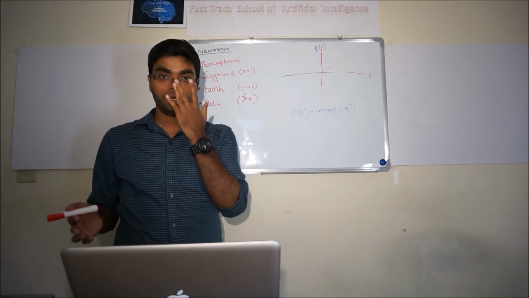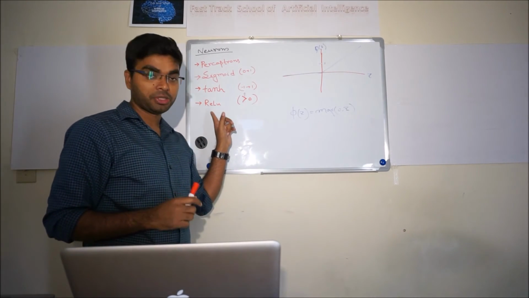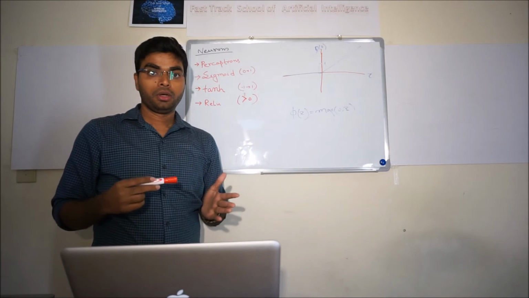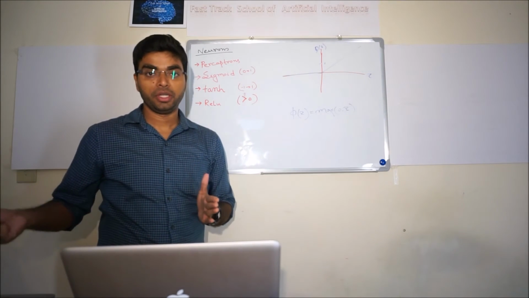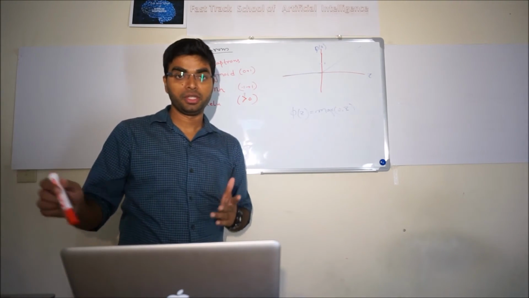There were some other advanced implementations of neural networks, especially on the ReLU side. They call them leaky rectified linear units or parameterized rectified linear units.